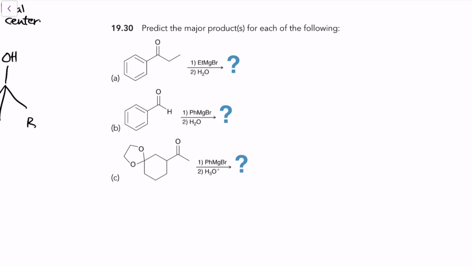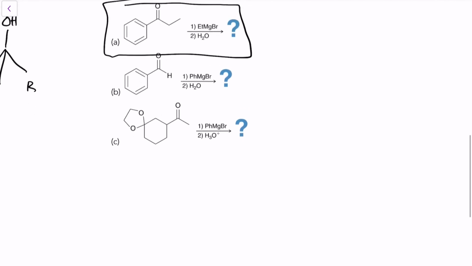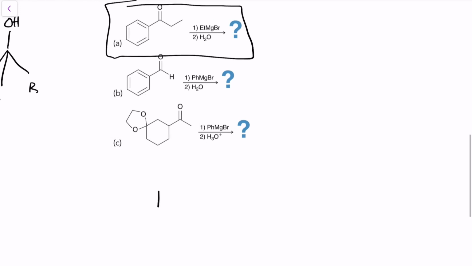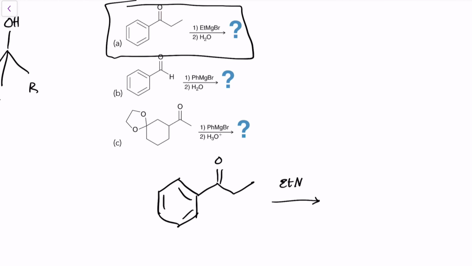So now notice this product here. Let's take the first one. Let me do the first one so that you can try and do the second one. Et MgBr. Et represents ethyl. Remember that ethyl is dash CH2 dash CH3. Remember this part.